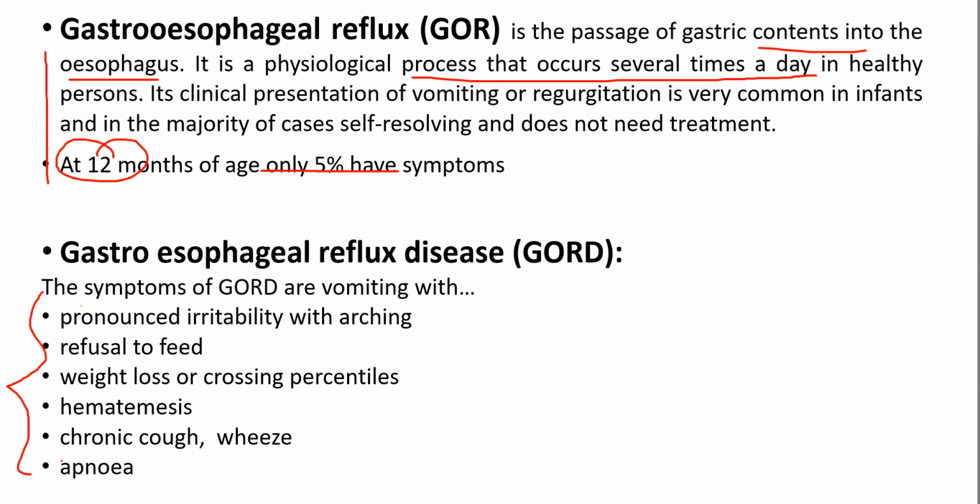But what is gastroesophageal reflux disease? If a child has gastroesophageal reflux along with pronounced irritability with arching of the back, refusal to feed, loss of weight, hematemesis, chronic cough or wheezing, and apnea, that's the time we call it gastroesophageal reflux disease.